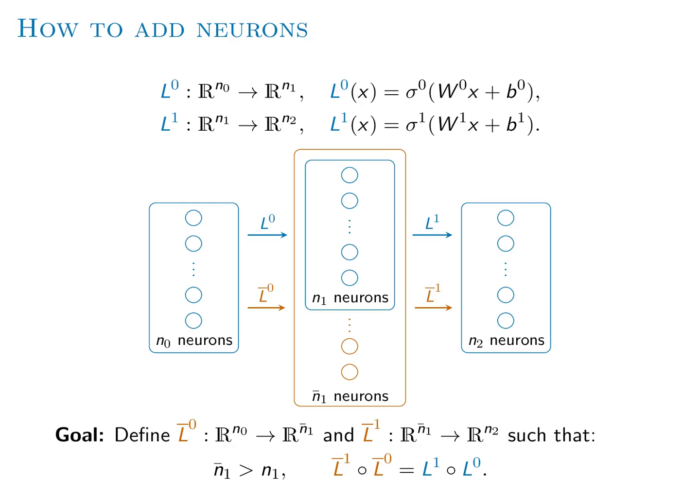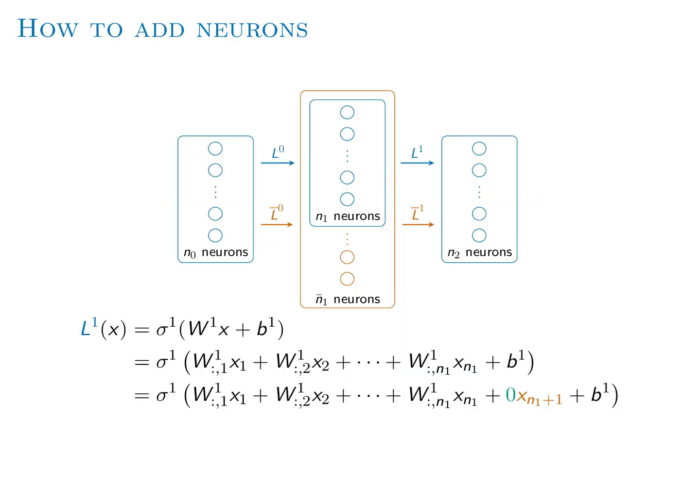It consists of N1 bar neurons instead of N1. What we want is that the composition of these new layer operators exactly coincides with the composition of the previous layer operators. In this way, we obtain exactly the same outputs from the same inputs.